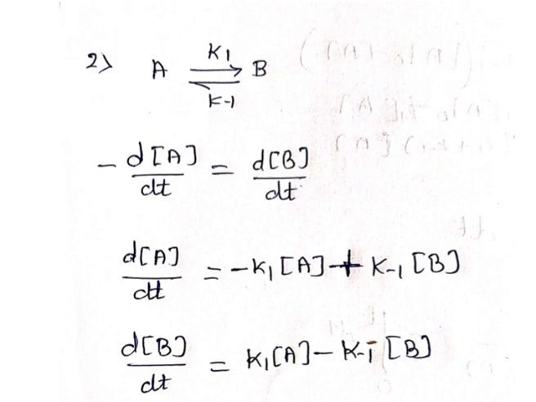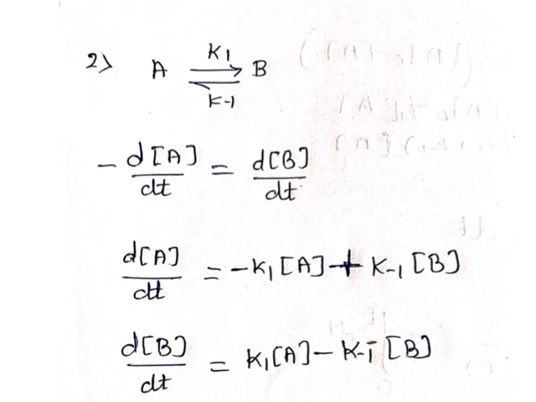So see, here is A and the product is B. Initially you have to write down the rates. Initially A is going to decrease to form the product B. So the decreasing rate is noted as minus dA by dt is equal to dB by dt.